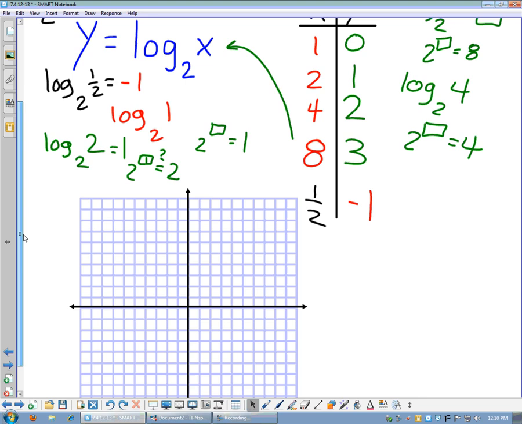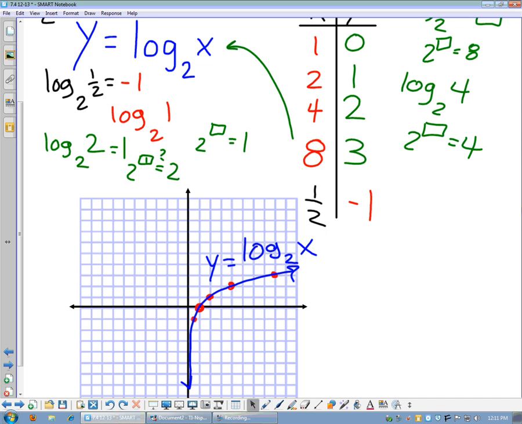Let's start off with 1, 0, and then 2, 1, and then 4, 2, and 8, 3. And don't forget 1/2 went down to -1. So as a matter of fact, that's what our graph is going to look like, and it's actually going to curve like this. So that is the graph of y equals log to the base 2 of x.